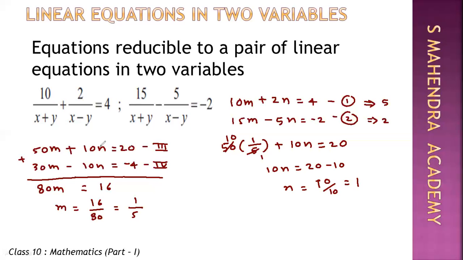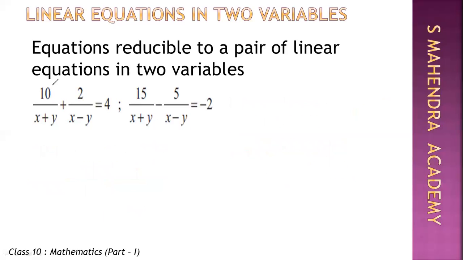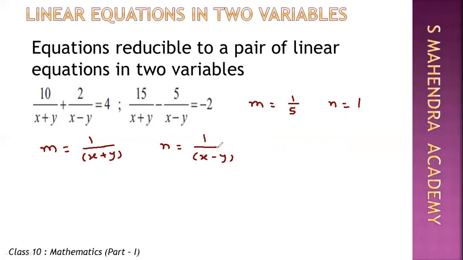So now we will substitute these values. We have got m is equal to 1 upon 5 and n is equal to 1. So we have assumed m as 1 upon x plus y, and the value of n as 1 upon x minus y.